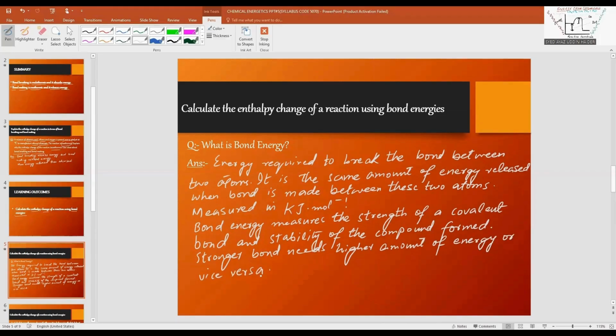Hence, exothermic reaction produces most stable compounds.